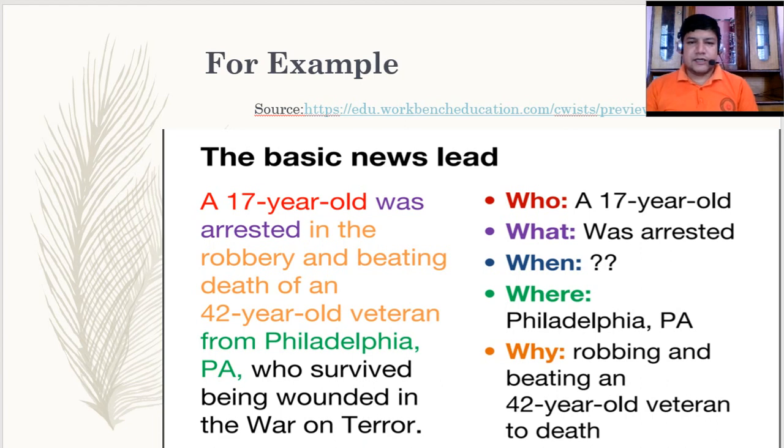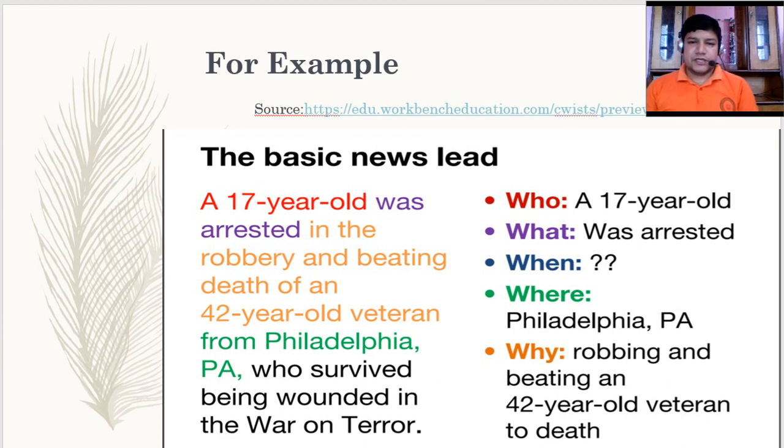A 17-year-old was arrested in the robbery and beating death of a 42-year-old veteran from Philadelphia, PA, who survived being wounded in the war on terror. So you can find out the answers to those questions here.